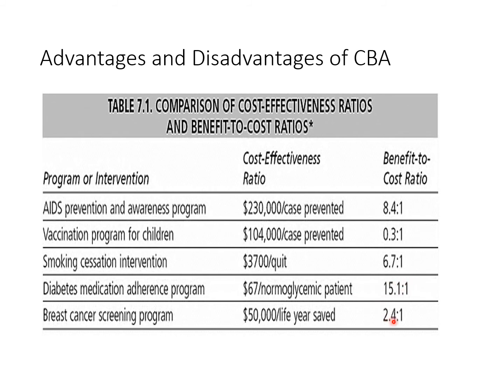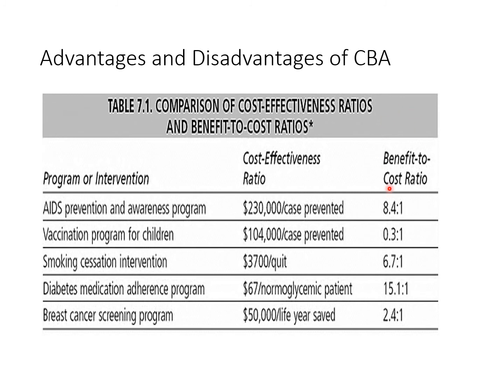Then we can choose the AIDS prevention and awareness program, 8.4 for each $1 spent, and so on. So we can simply order the benefit to cost ratios and choose the most cost beneficial program. So this way of using cost benefit analysis is very helpful to take the decision in this situation, comparing different programs.